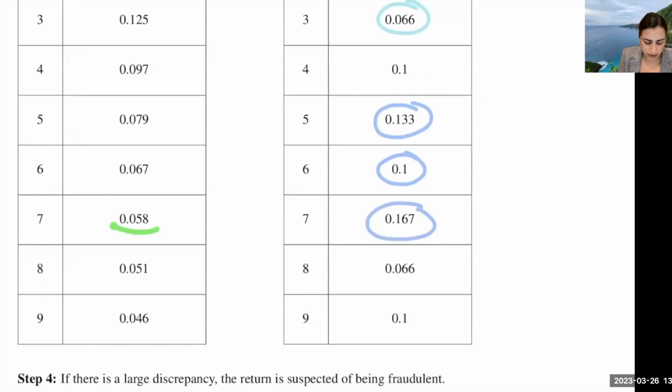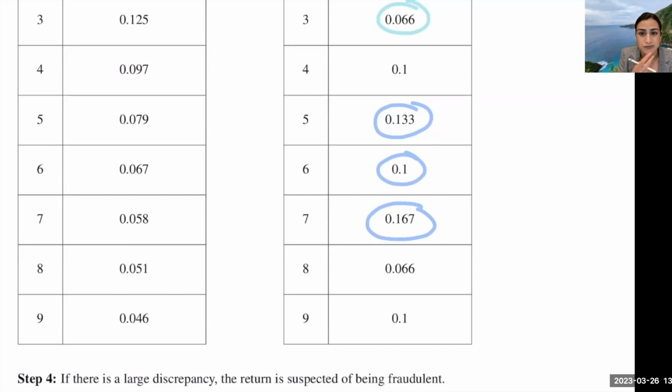This one is definitely suspicious. Benford's law tells us that 5.8% of my data values should start with the 7, and in Roger's list, 16.7% started with a 7. That's almost 3 times the percentage.